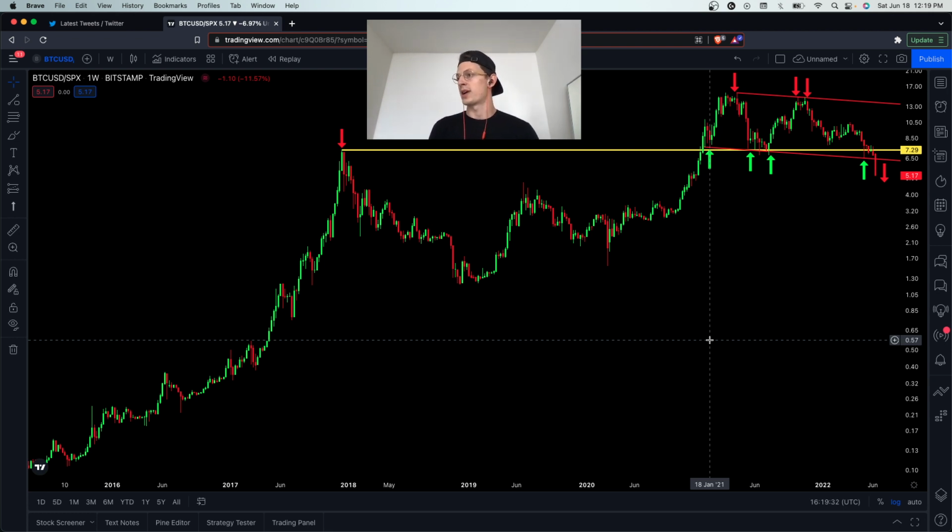So with this breakdown that we're seeing in the chart, this basically implies to me, objectively looking at this, that Bitcoin is likely to underperform stocks in this environment. And essentially this helps to confirm that we're in a risk-off environment. And in a risk-off environment, the riskiest of assets are going to underperform the less risky assets.